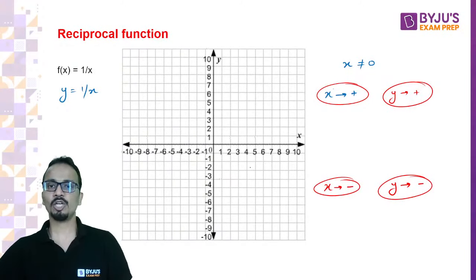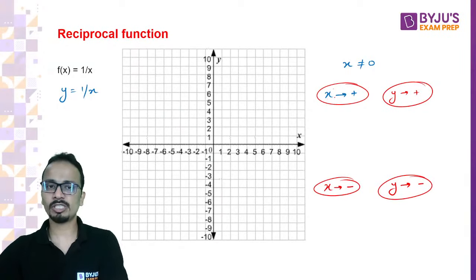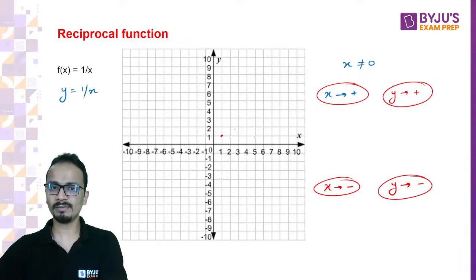ठीक है, चलो अब values देखते हैं. Now x positive है, so x equal to 1. If x is equal to 1, the value of y will also be equal to 1. If x is equal to 2, the value of y will be half. Then it will be 1 upon 3, 1 upon 4, 1 upon 5, 1 upon 6, and so on.